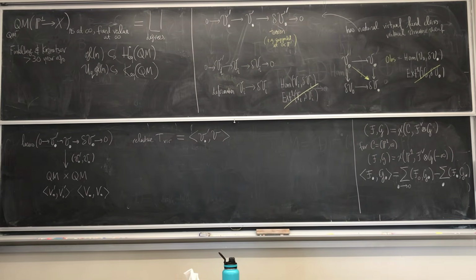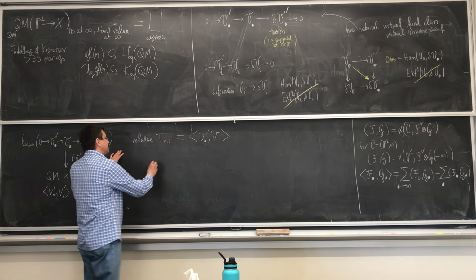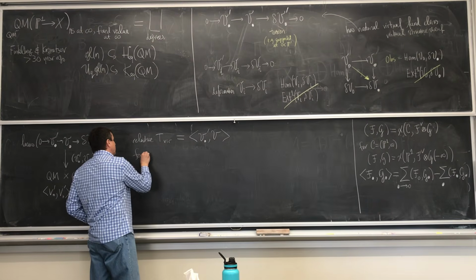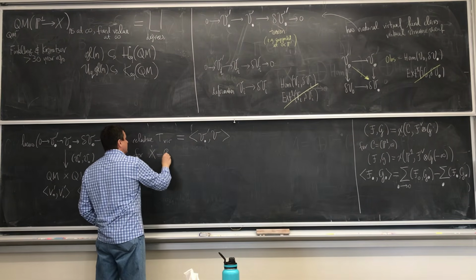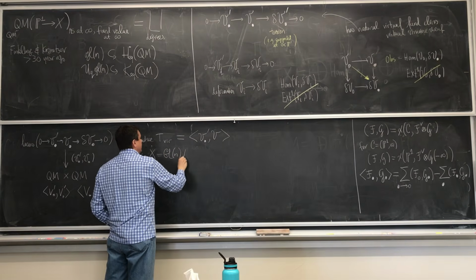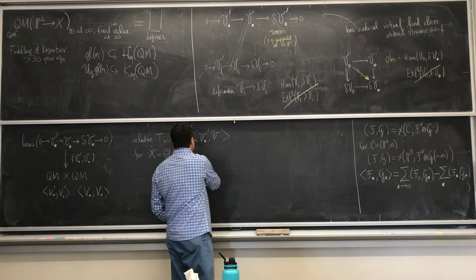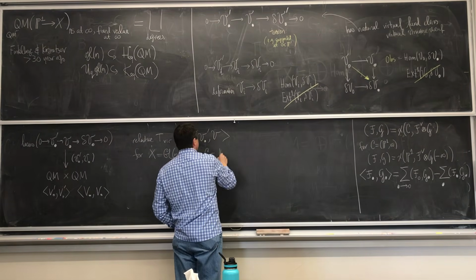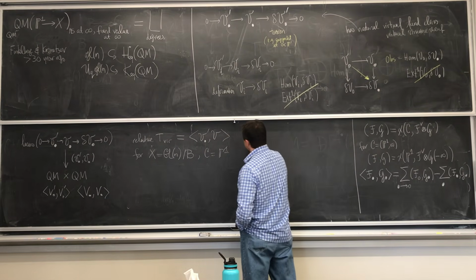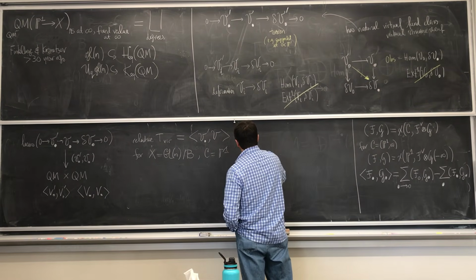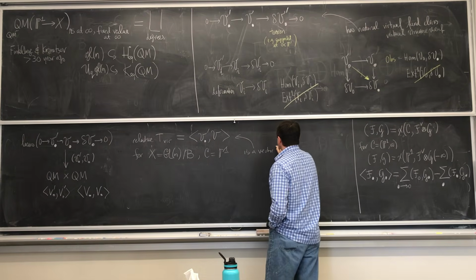But for flag varieties, for X equals GLN on B again, and C equal P1, it's kind of a miracle that this thing is in fact a vector bundle.